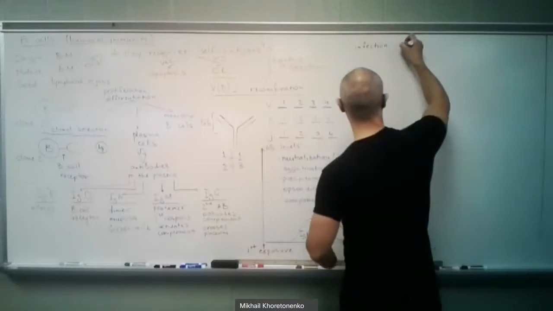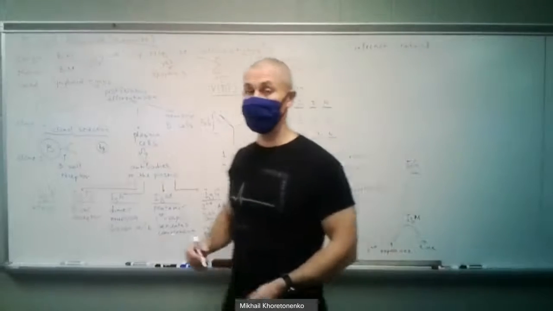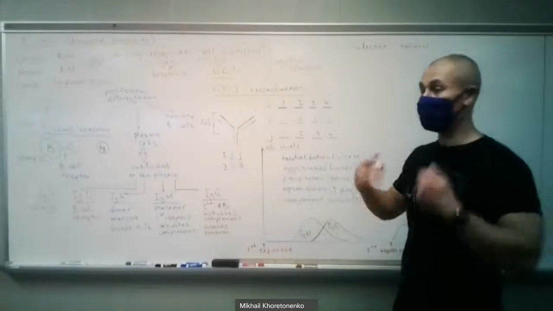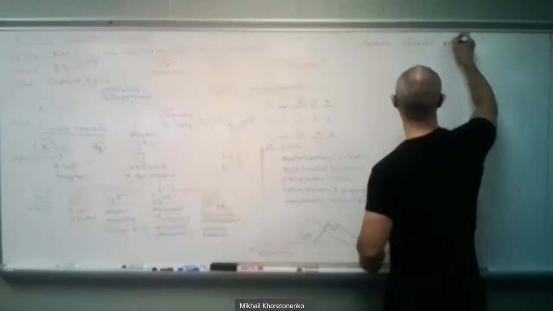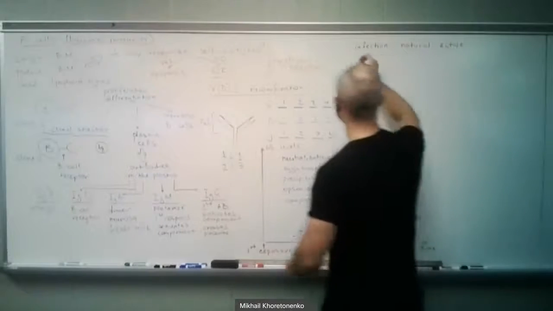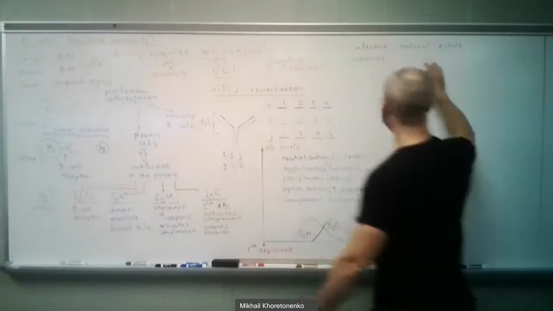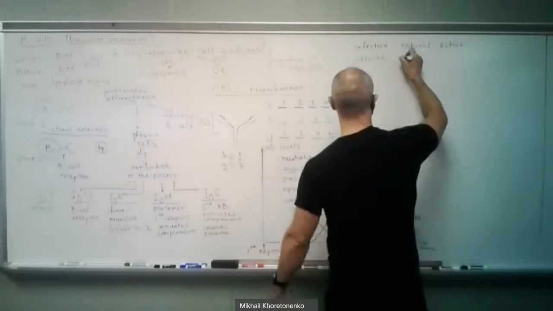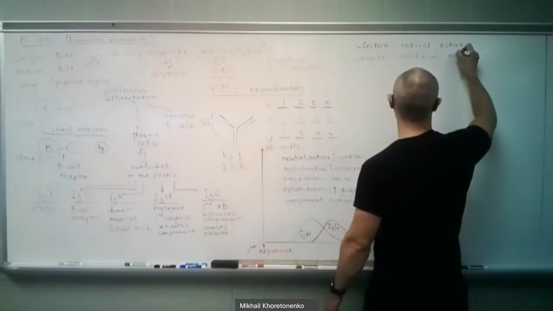Yes, so it's natural. And is your immune system exposed? Does it actively interact with antigen? Yes. It's a natural active immunity. A vaccine, on the other hand, while you are still being exposed to an antigen, it's not an act of nature. So we call it artificial active immunity.